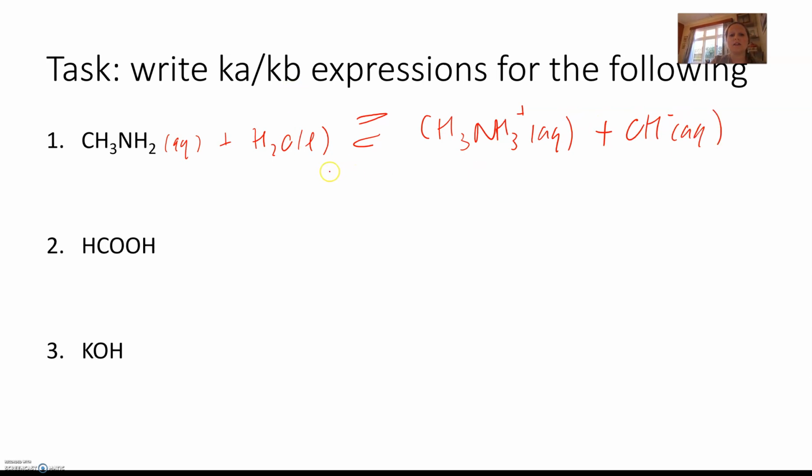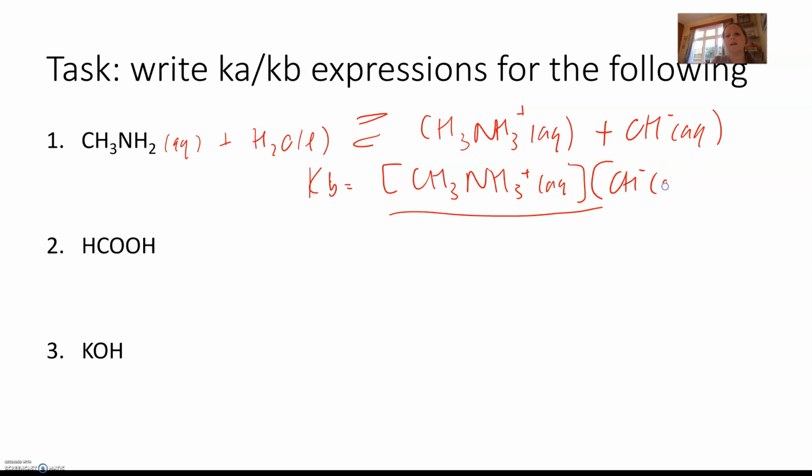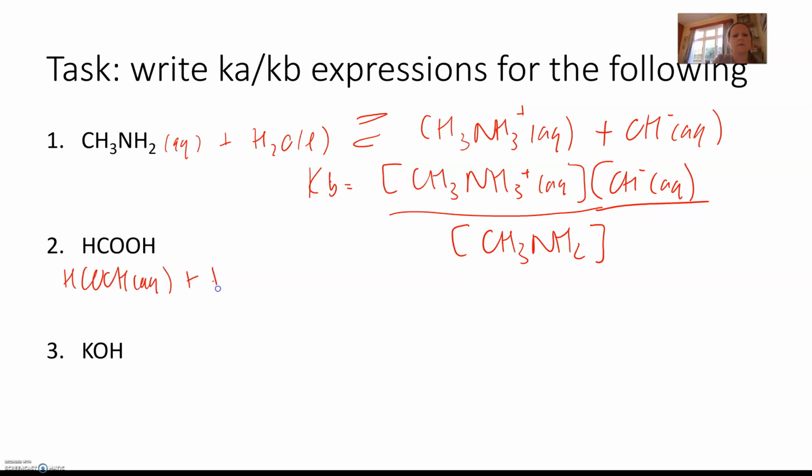And then we do products divided by reactants. It's a base, so it's called Kb. So it's going to be CH3NH3+ times OH- divided by CH3NH2.